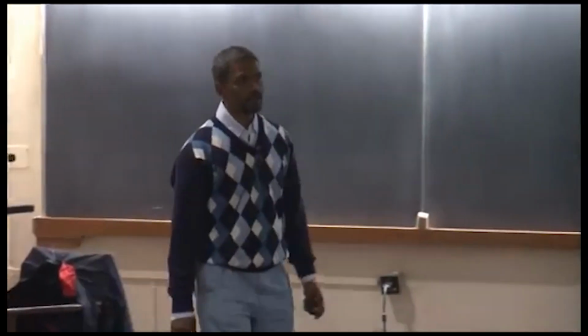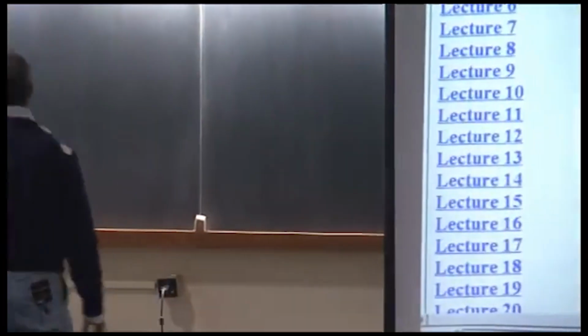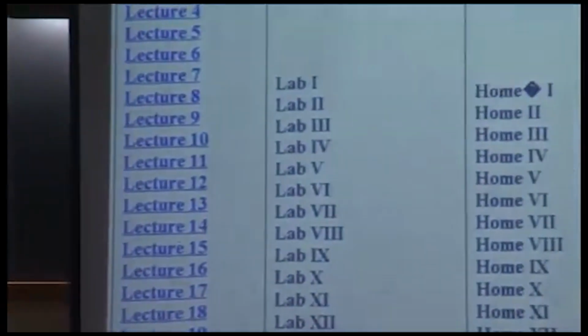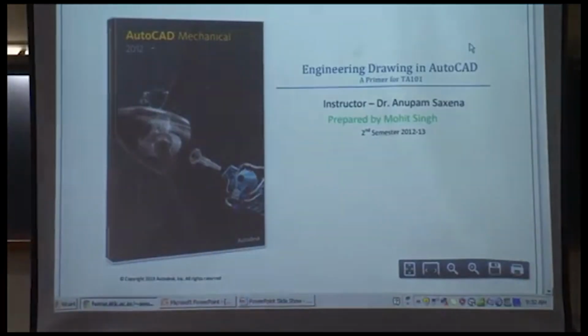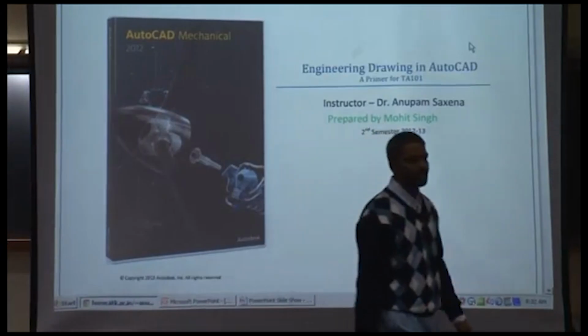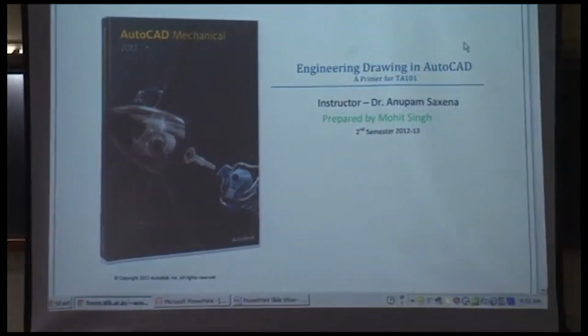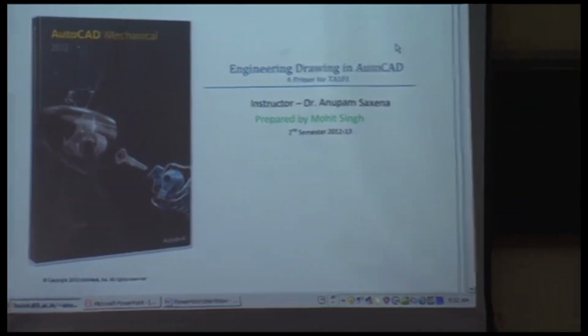If you scroll up a little bit on my web page, we have a manual for you. We have a primer. You can download it, take a printout, make copies, borrow, steal if you want to.